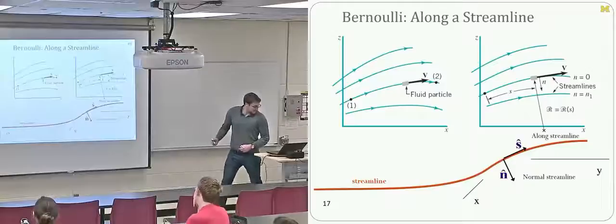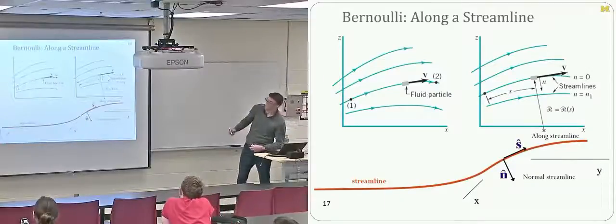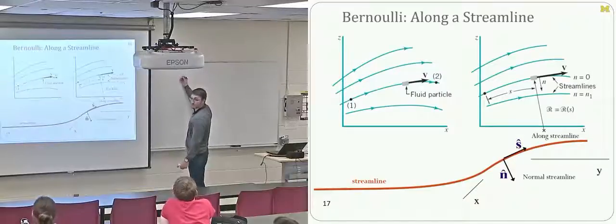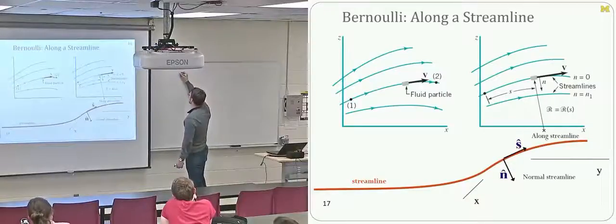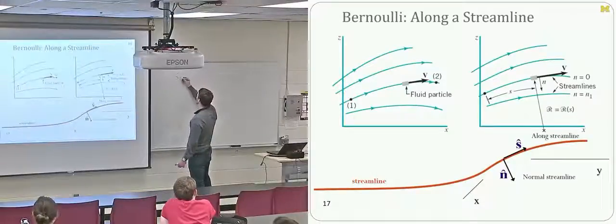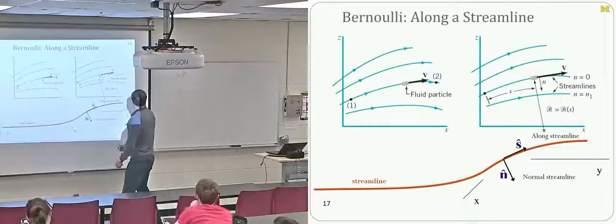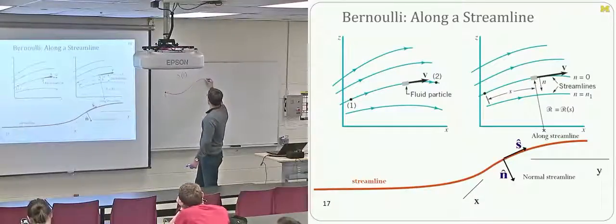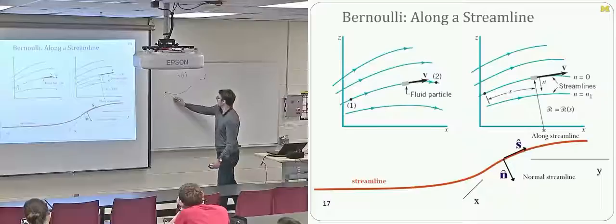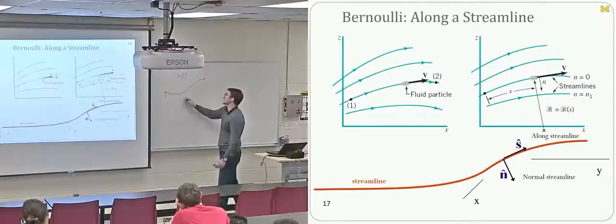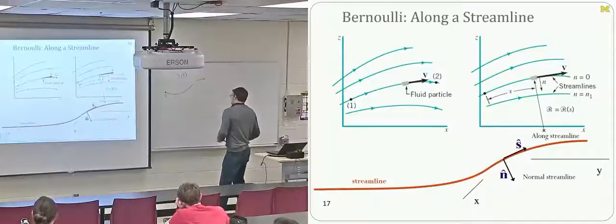Because the particles are always following along the streamline, we tend to measure their traveling distance as the distance along the streamline, s. This isn't s hat, this isn't a vector quantity, we'll just call this s, as a function of t. That is the distance measured from, say, point 0 to point 1. This would be the entire length of this curve, not the x direction, not the y direction, but the integrated length traveled along this curve.